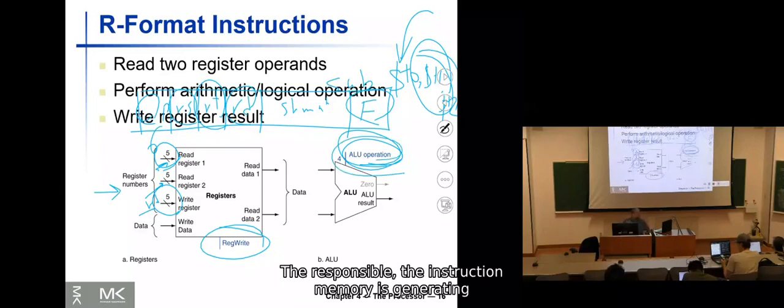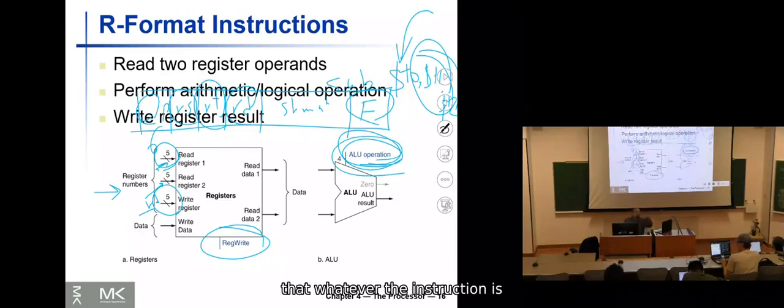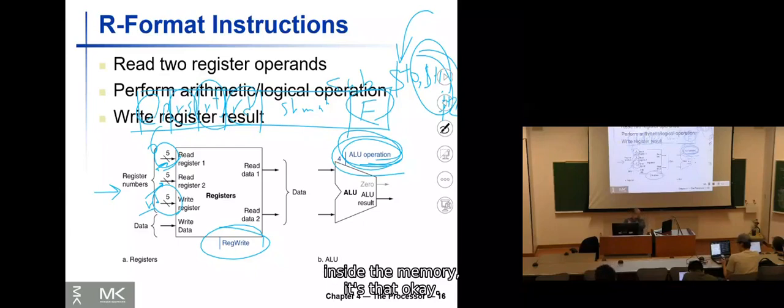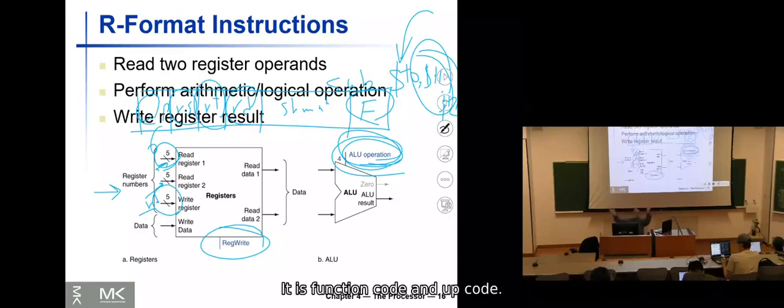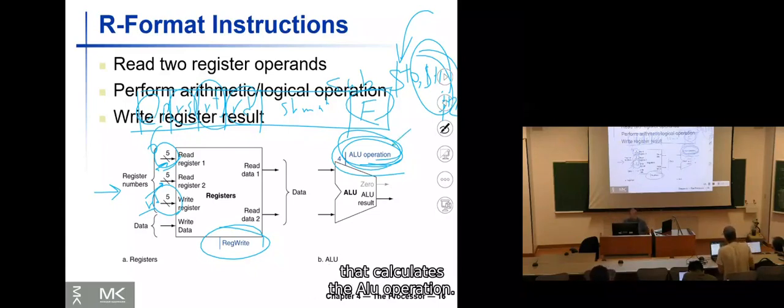The instruction memory is generating that. Whatever the instruction is inside the memory, it's that, okay? But the 6 bits from the most significant bit and the 6 bits from the least significant bit, which are the opcode and function code, go to the controller, and the controller, based on that, calculates the ALU operation. This is the output of the controller.